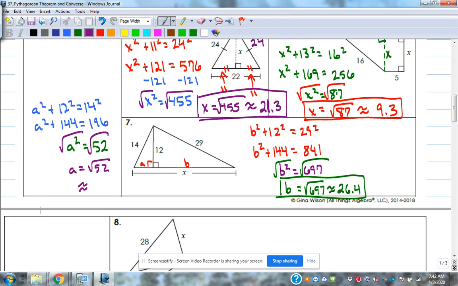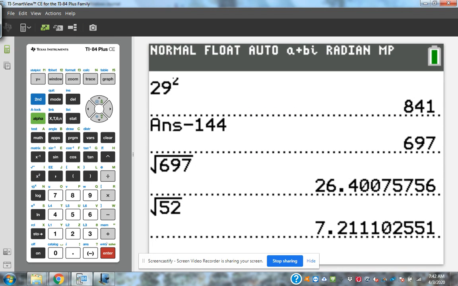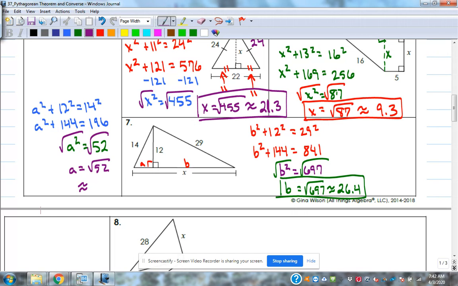Approximation for that, square root of 52, is 7.2. So that's A. And we have B, so we're going to add A plus B. It'll be 26.4 plus 7.2, which is 33.6.